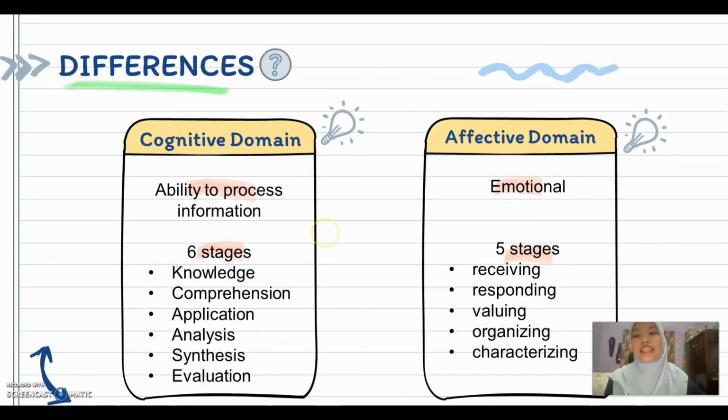Moving to the next slide, the differences between the cognitive domain and the affective domain.